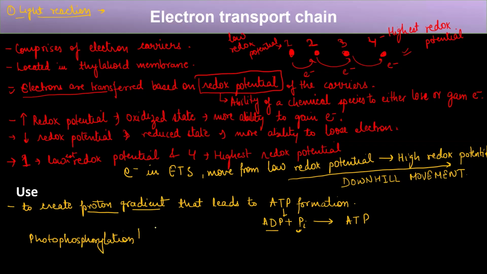Now, this photophosphorylation can be of two types. The first one is known as non-cyclic, and the second one is known as cyclic photophosphorylation. In the next slide, we will study about the cyclic and non-cyclic photophosphorylations. We'll start with the non-cyclic photophosphorylation.